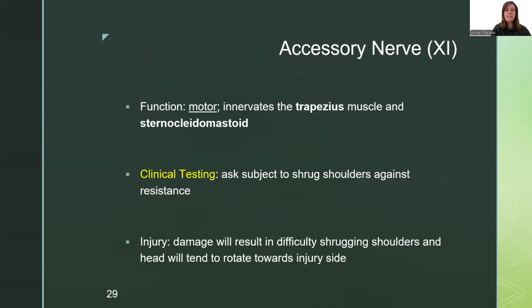How we test it is we ask the patient to shrug their shoulders against resistance. If this nerve is injured, damage can cause difficulty in shrugging your shoulders or turning your head to the opposite side.